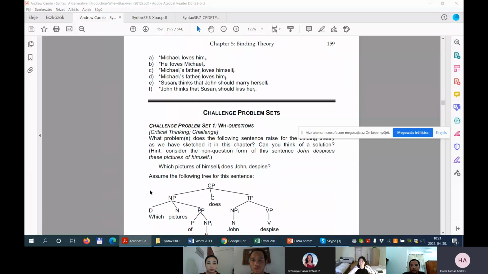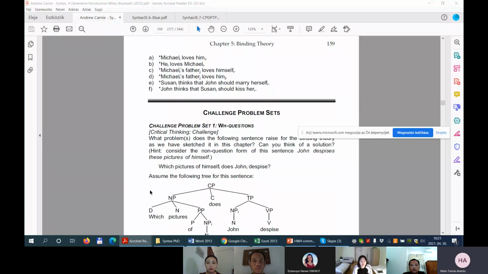Okay, please raise your hand if you are Jiajun. Yes, the first one, Michael loves him. I think the binding domain of the NP causing the problem is the sentence itself.